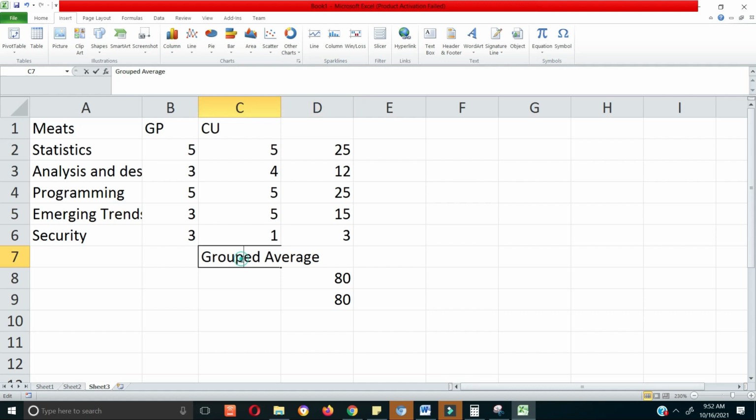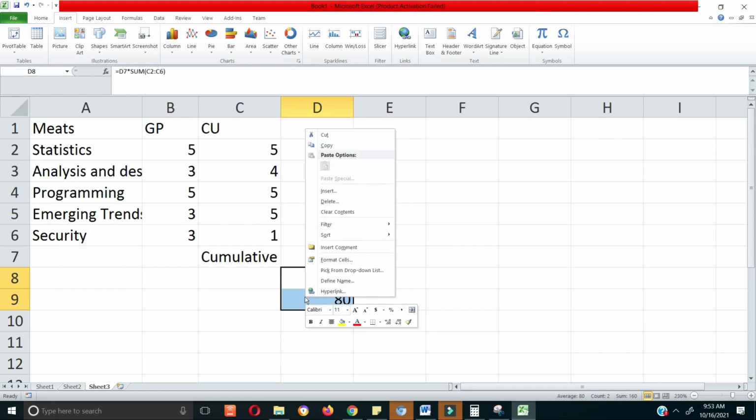So you find that this is your total grade point. If you sum something like this, this is going to be your cumulative grade point average, or your CGPA, right? So your CGPA is actually a grouped mean. This is how you calculate it.